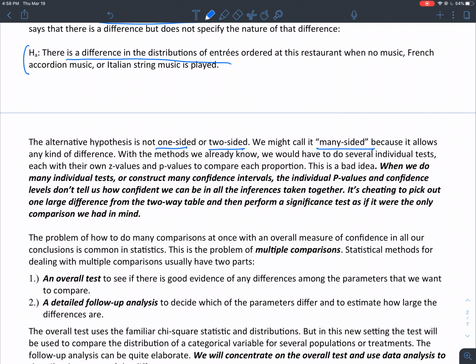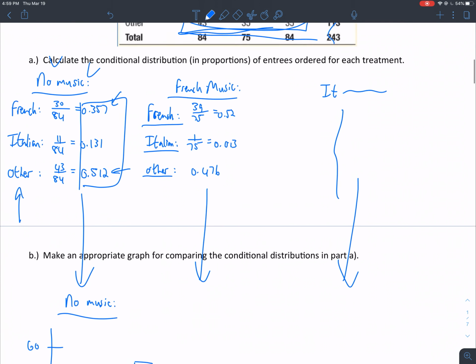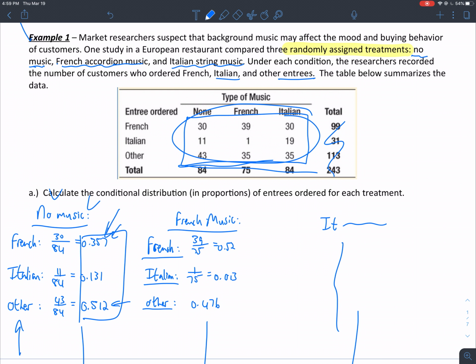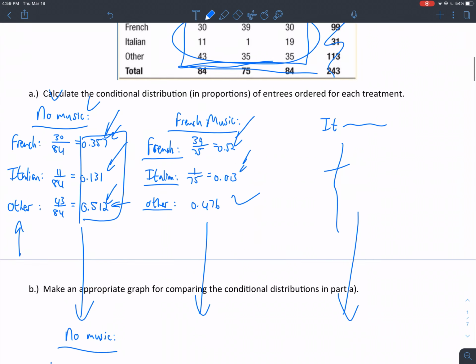If you want to use the kinds of tests we've done in the past for proportions, because we're talking about proportions, you'd have to do many different tests, like a hypothesis test for this proportion and for each proportion, for each treatment separately, like 9 different hypothesis tests.